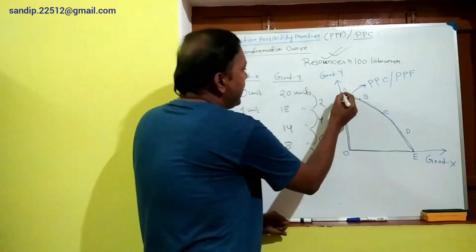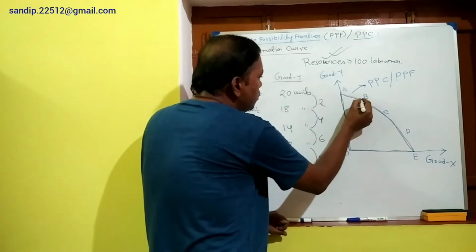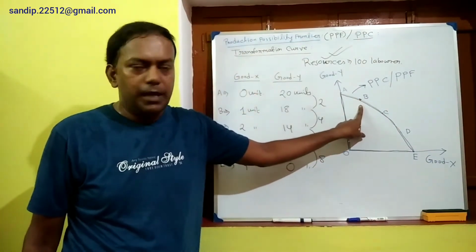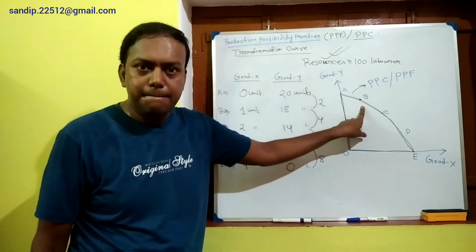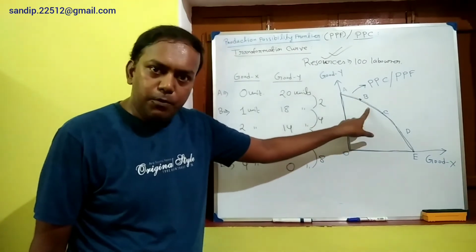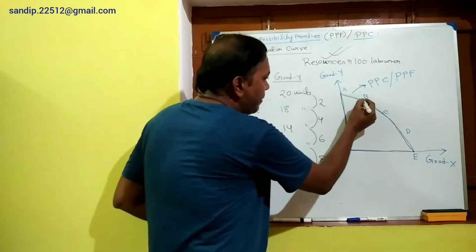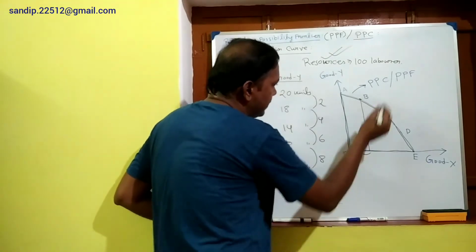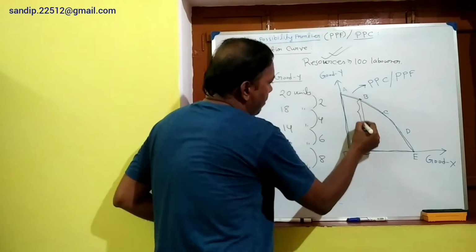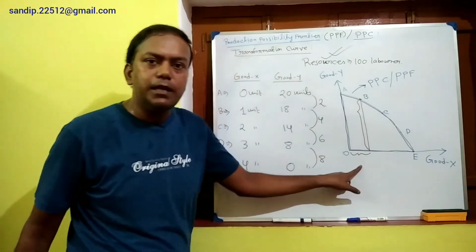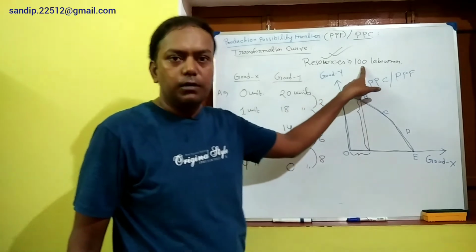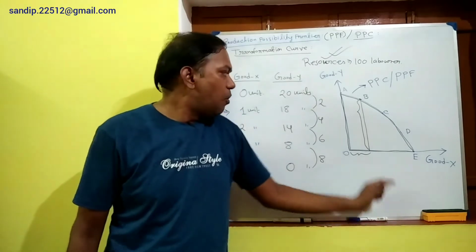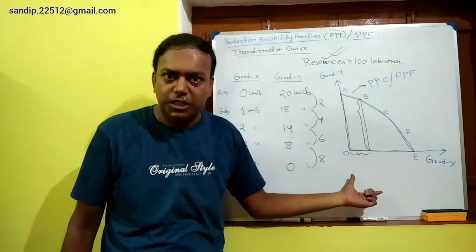if the producer produces at any point on the PPC, then what will happen? The producer can produce that. If I take the point B, the producer is producing this much amount of good X and this much amount of good Y, and for that the 100 workers or laborers are getting utilized. It means all the resources are getting utilized.